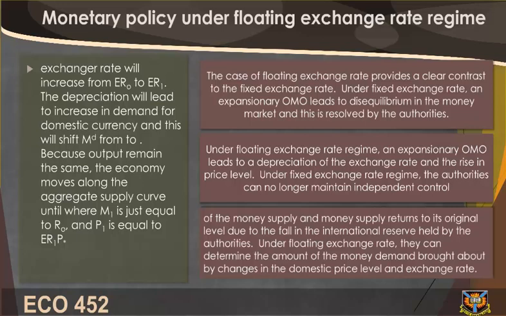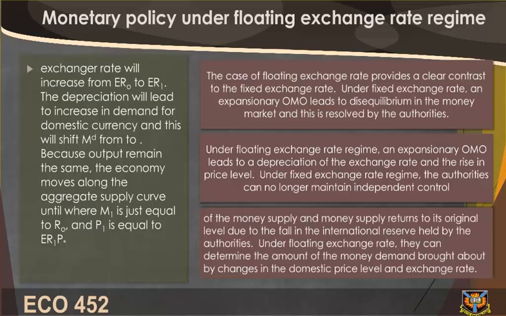ER1P*. The case of floating exchange rate provides a clear contrast to the fixed exchange rate. Under fixed exchange rate, an expansionary OMO leads to disequilibrium in the money market and this is resolved by the authorities. Under floating exchange rate regime, an expansionary OMO leads to a depreciation of the exchange rate and the rise in price level.